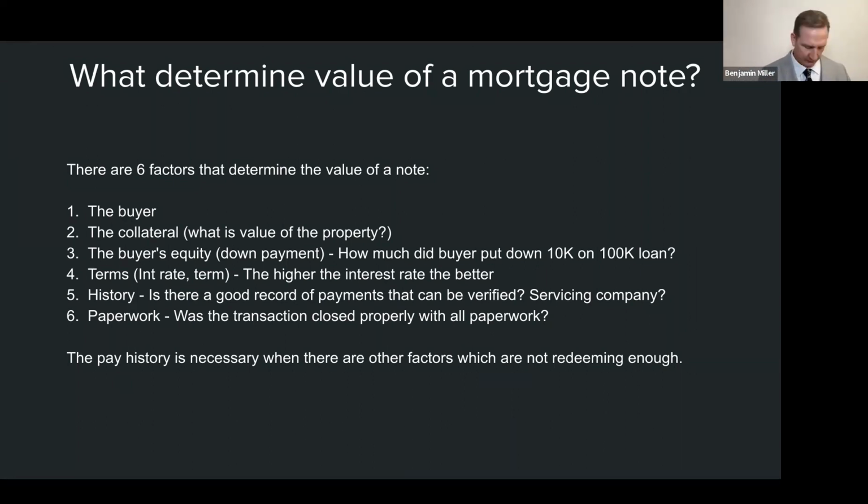The third factor that drives the value is the down payment, the money that the buyer initially paid. So let's say you had two buyers, one that put down 30%, 40% of the purchase price, where if it was 100,000, maybe that buyer put down 30,000, 40,000.